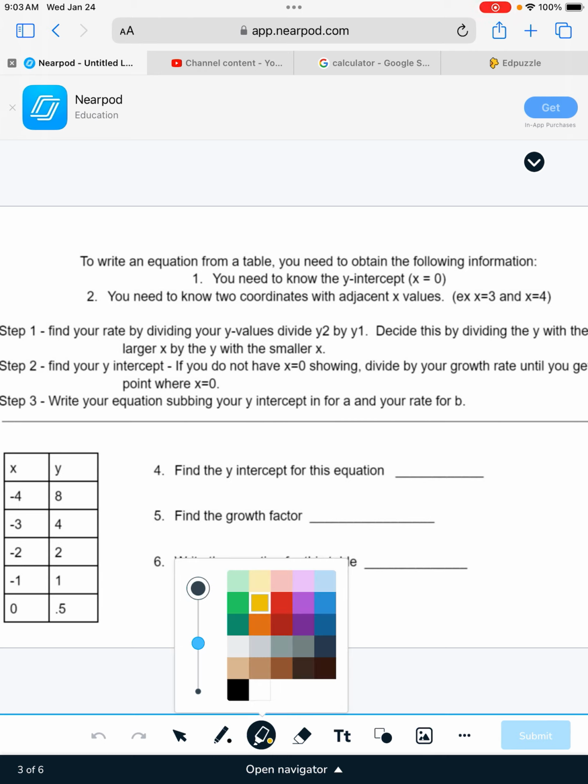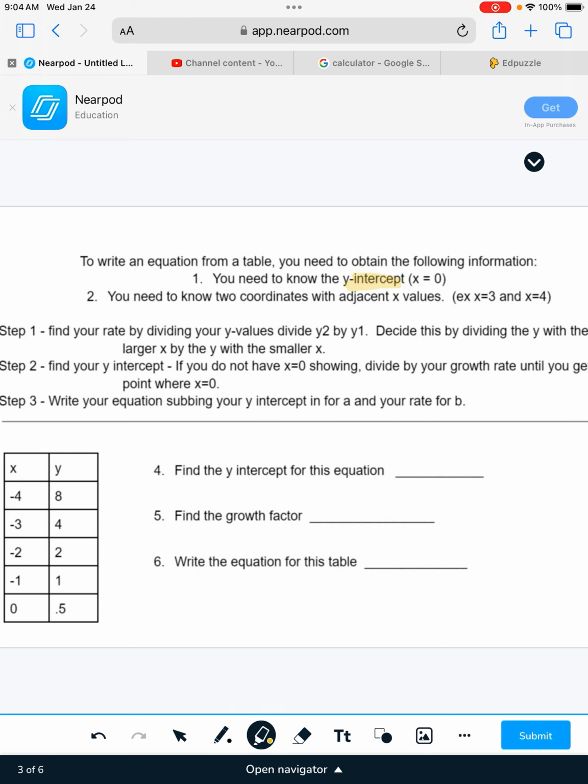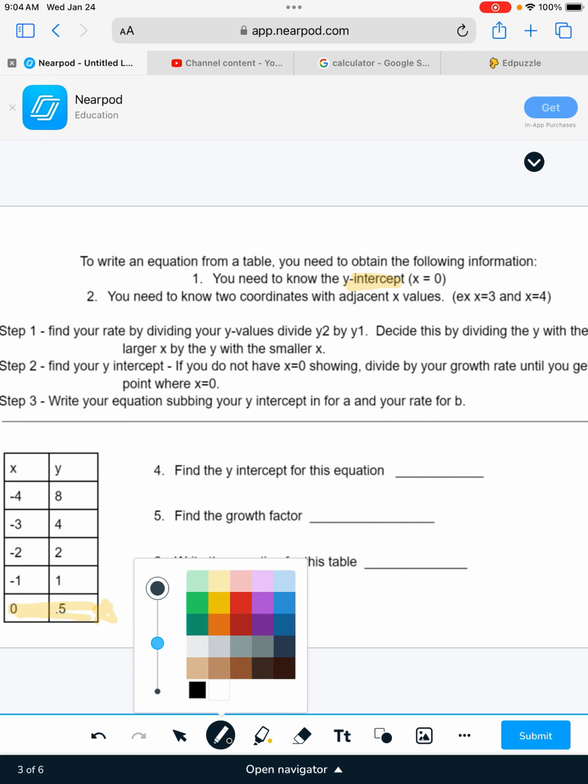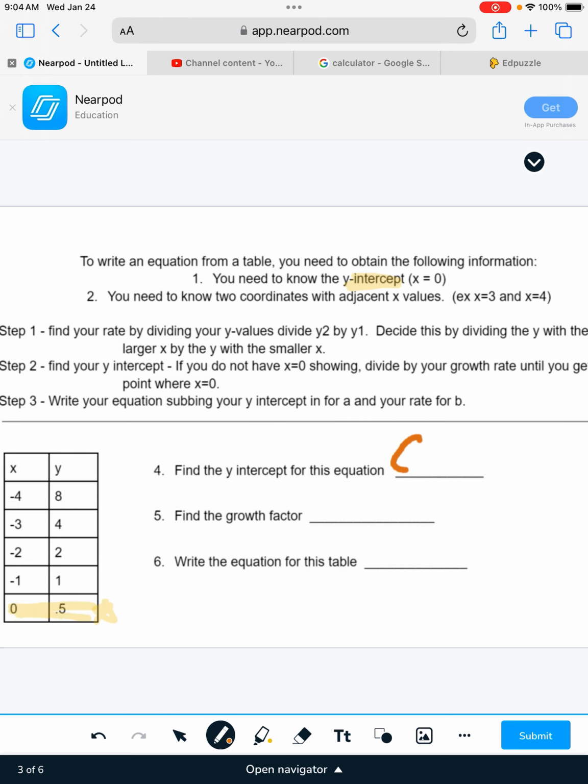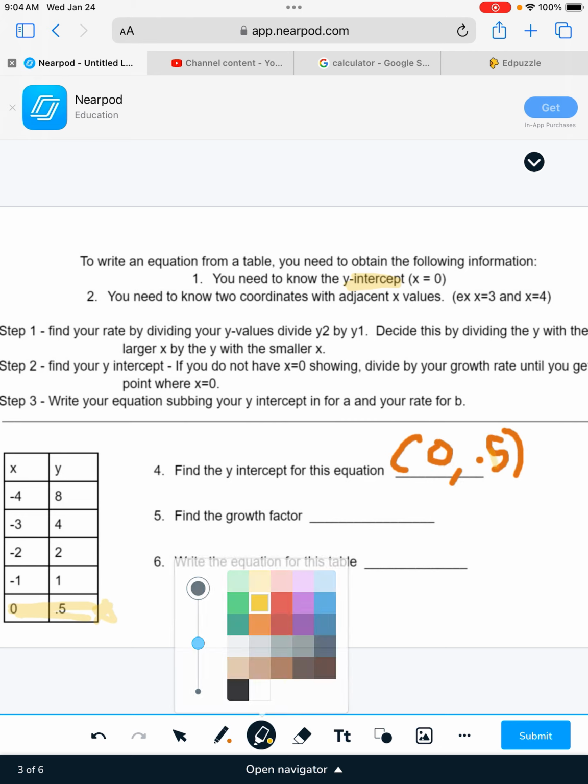And I'm looking for my y-intercept. I almost might put a star next time I see a y-intercept here. I see, oh, okay, 0 is my x and 0.5 is my y. So when I look at that and I say, okay, that's important to me, 0, 0.5, that's going to be my y-intercept right there.